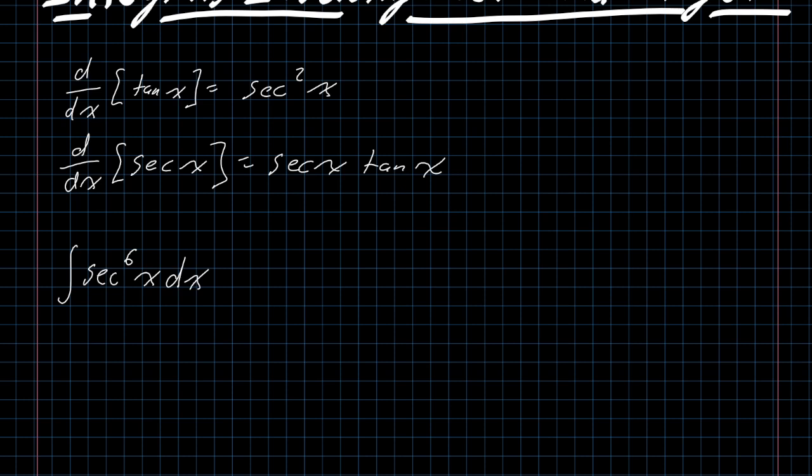But let's go ahead and start off with this one. The integral of secant to the sixth x dx. I am going to immediately rearrange this and call it the integral of secant to the fourth x times secant squared x dx.